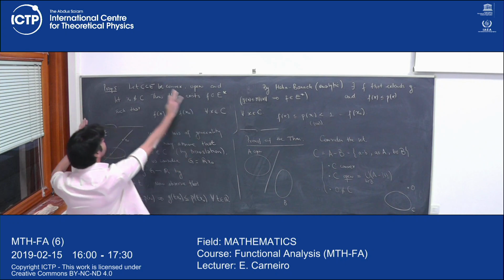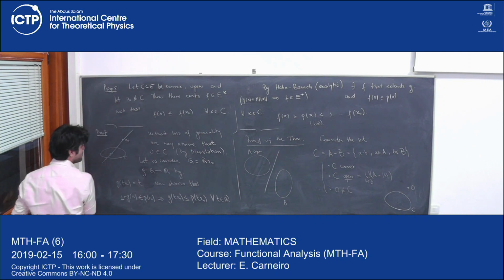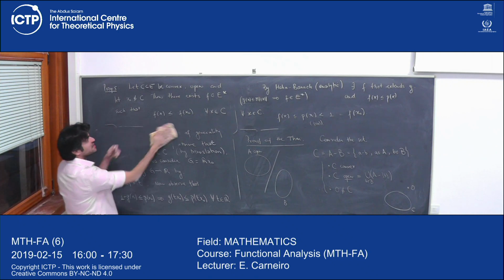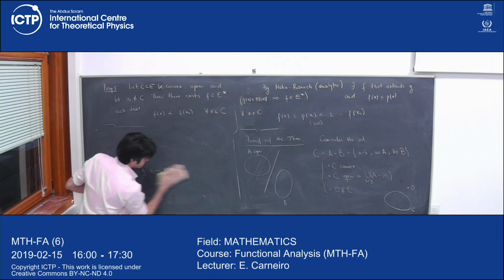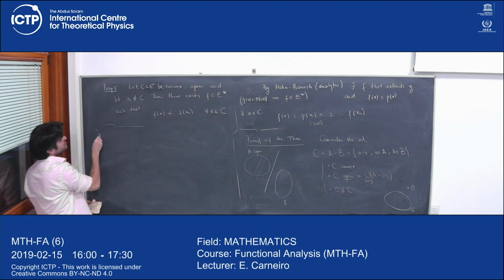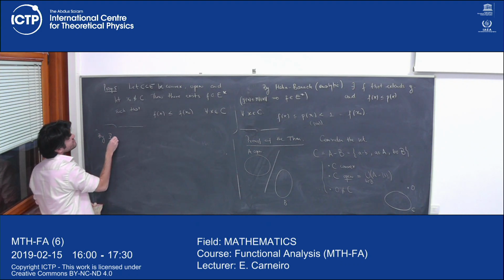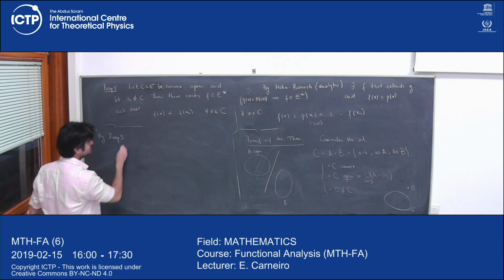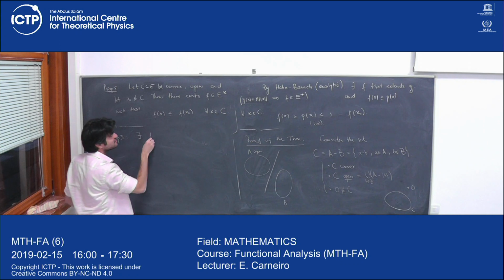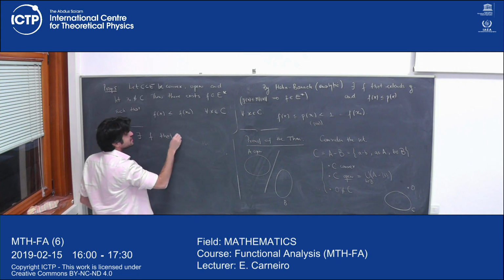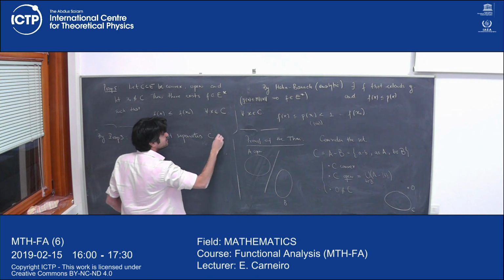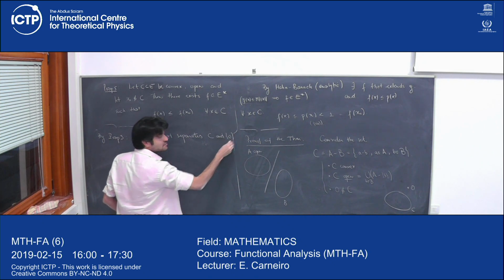Now we're going to invoke this. So let me erase here. Because in the proof, I translated and put the 0 inside, but I can actually use it with the 0 outside. So, by proposition 5, what do we have? There exists f that separates C and 0.